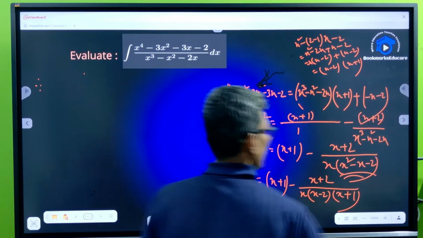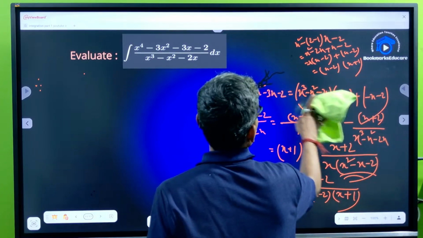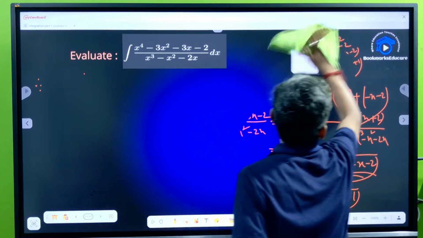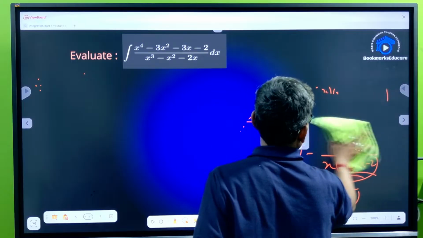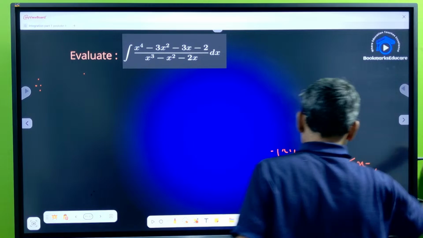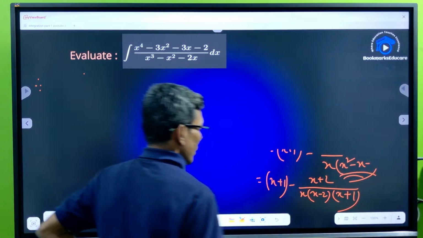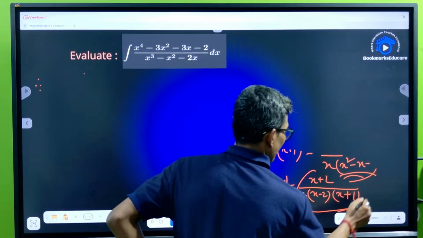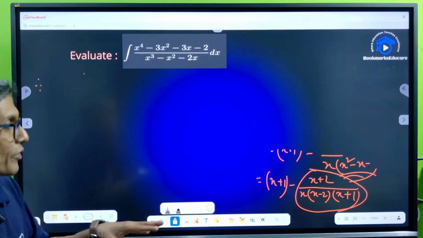Okay, so now this can be resolved into rational fractions.